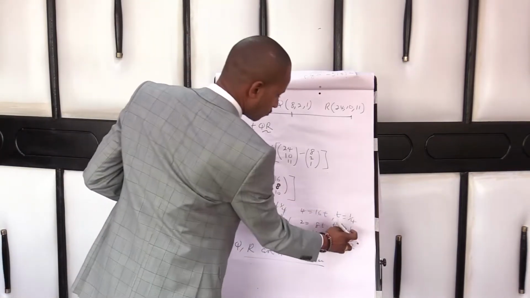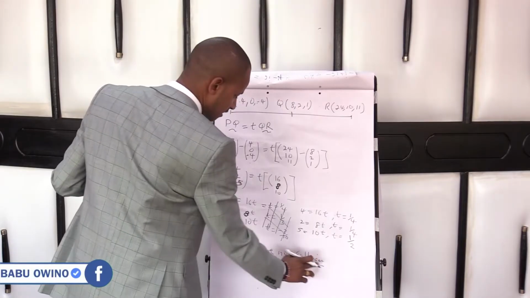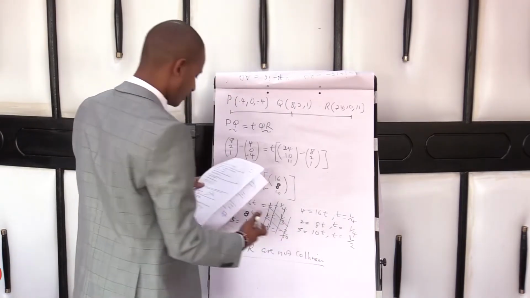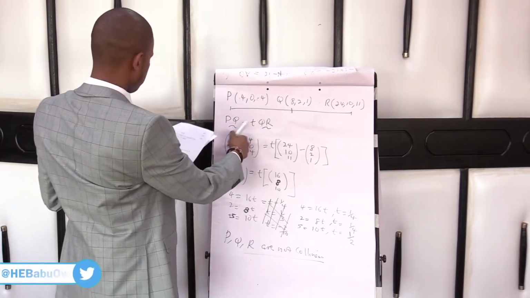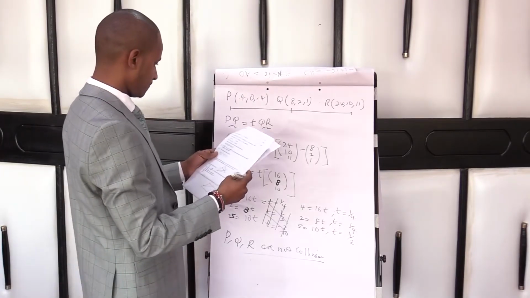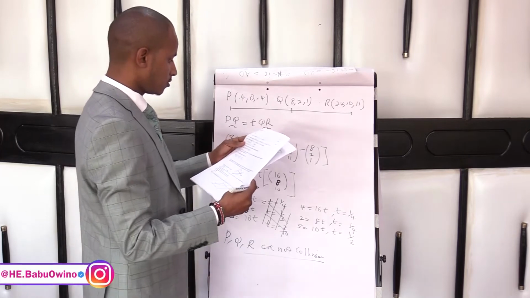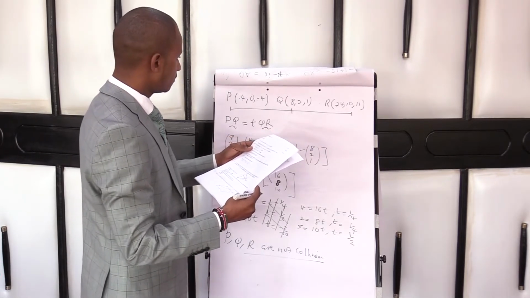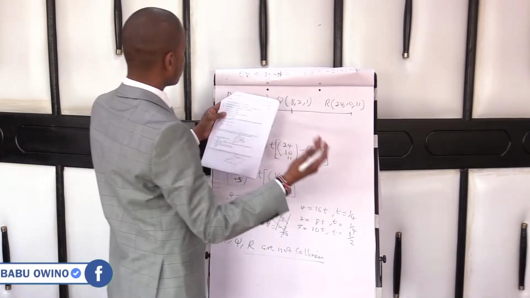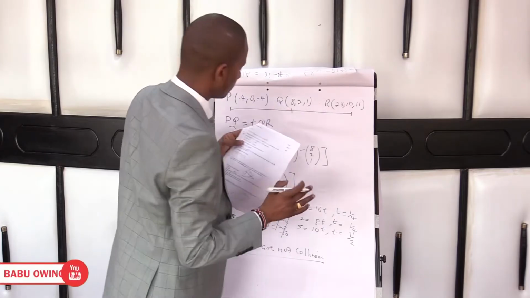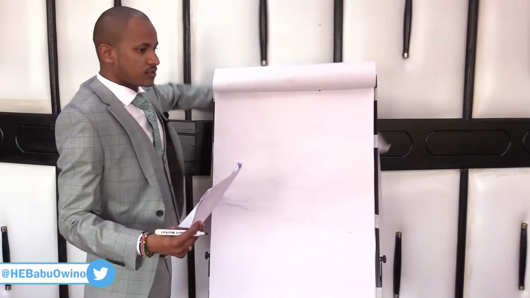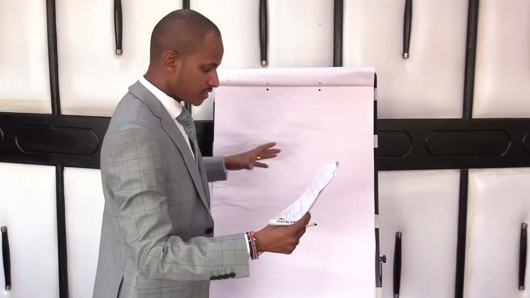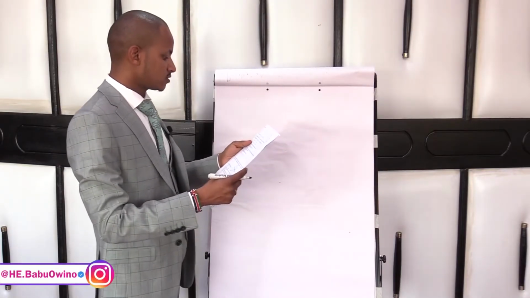Suppose they were quarter, quarter, and quarter, we would have concluded that P, Q, and R are collinear, then you identify a common point, which is point Q. Exactly, class. So if you find it like that, you just conclude that those points are not collinear.